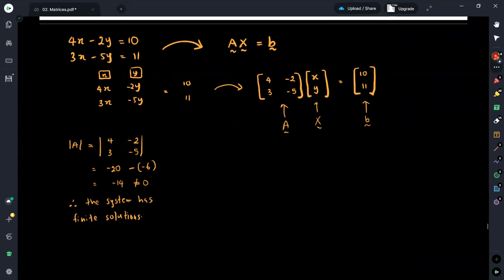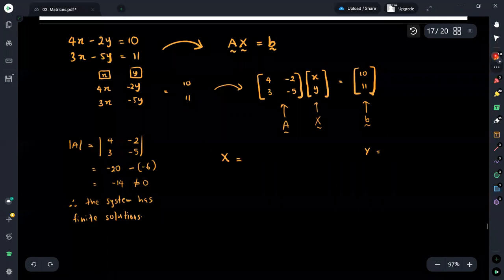Now, we are asked to obtain the values for x and y. Therefore, we need to obtain the value for x and the value for y as well.